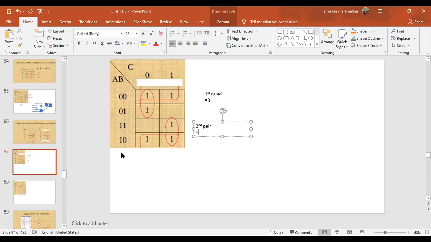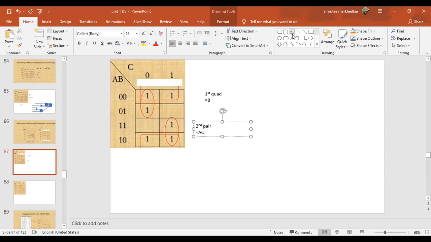In the AB part you will find B is complementary, so we are left with A, right? And let's see the C part. Sorry, only one is there. So we are left with only one, that is C. So we got the term as AC.